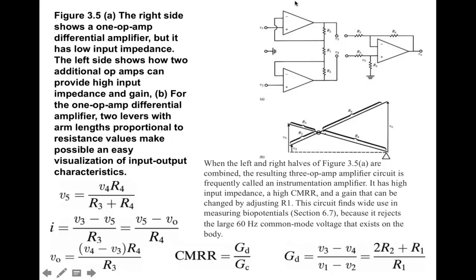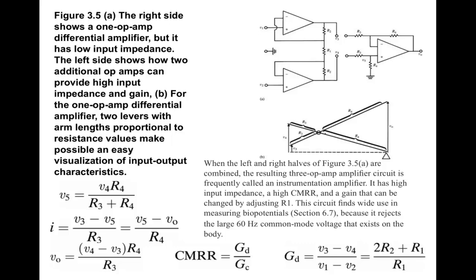So here is an example of such a circuit configuration. The right side is basically a 1 op amp differential amplifier. So it's going to give you the difference between the input here at the inverting input and the input voltage at the non-inverting input. But the problem is it has a low input impedance.